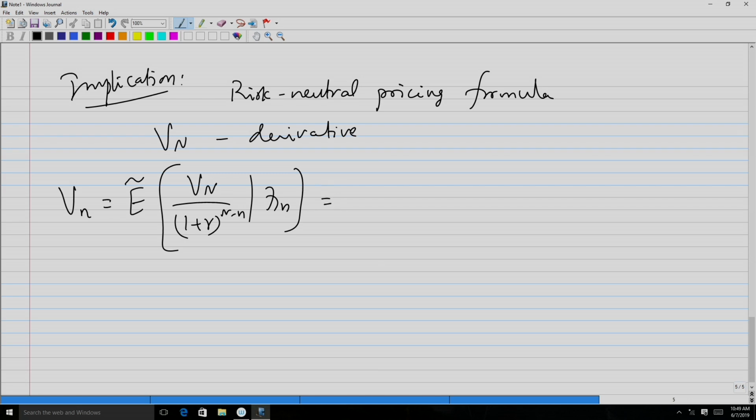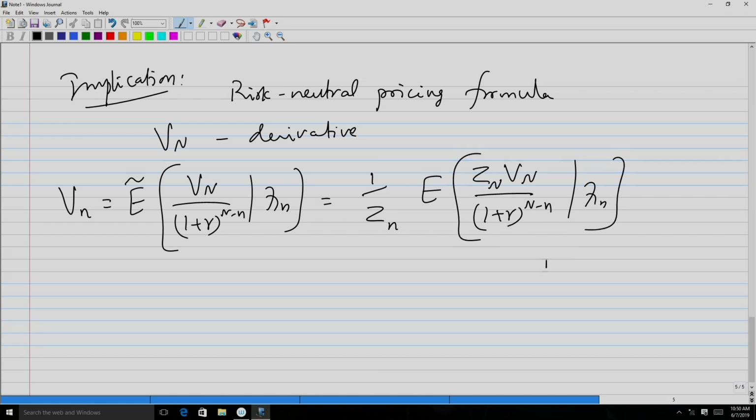So, if I use part B of the lemma for this conditional expectation of some random variable given F_n under E tilde, and transform this to E, then what you would get is 1 by Z_n times E of Z_N V_N divided by (1 plus r) to the power N minus n, given F_n, for n equal to 0, 1 to N. So, you see here the risk neutral pricing formula can now be expressed in terms of the real world probability measure also.